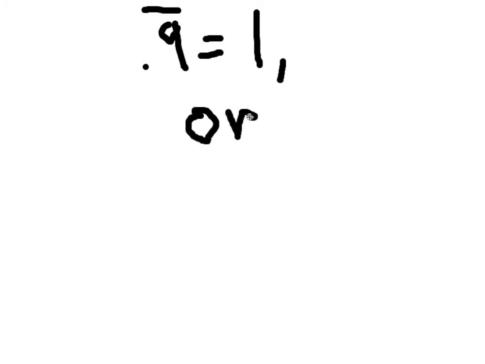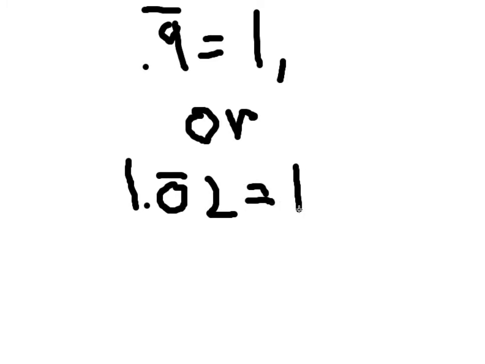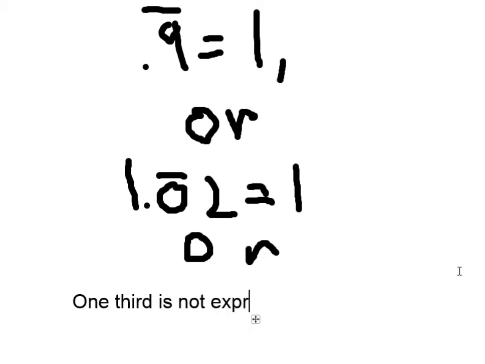0.9 repeating equals 1, or 1.02 equals 1, or 1/3 is not expressible in decimal.